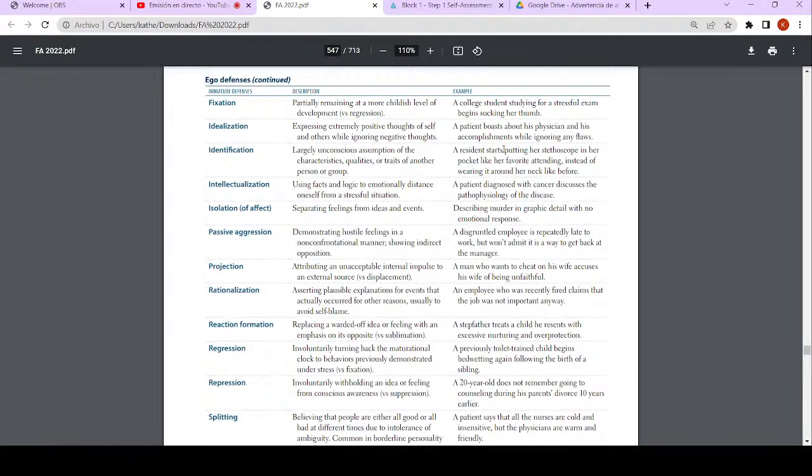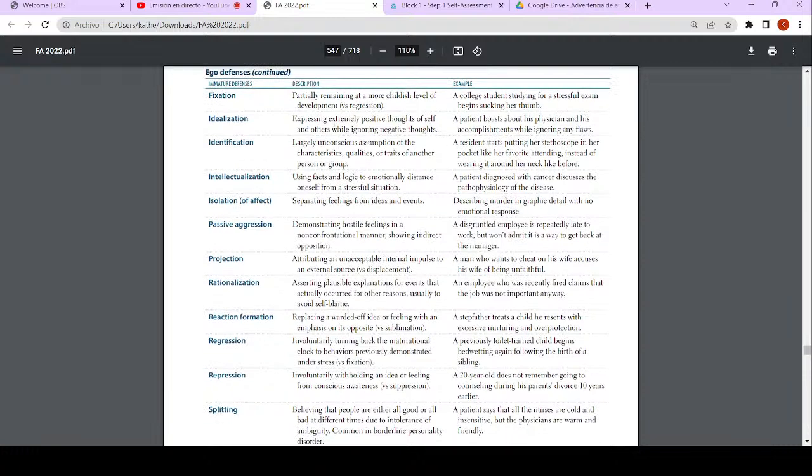Idealization: a patient boasts about his physician and his accomplishments while ignoring any flaws. Identification: a resident starts putting her stethoscope in her pocket like a favorite attending instead of wearing it around her neck like before.